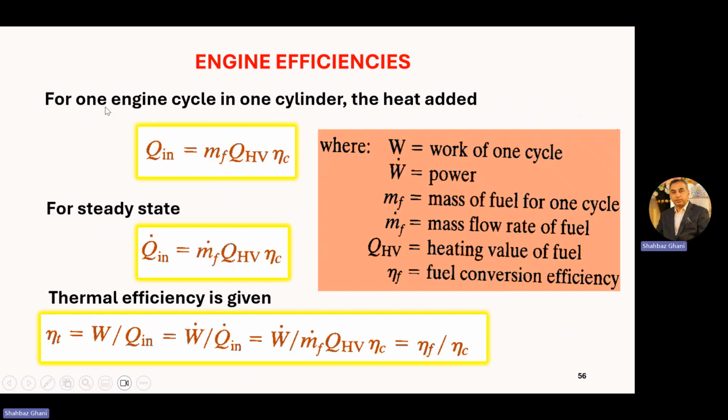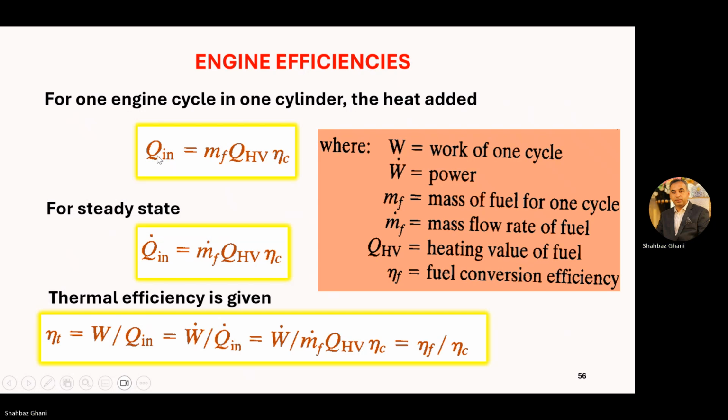Now, engine efficiency for one engine cycle in one cylinder: the heat in, Q in, is equal to the mass of fuel for one cycle times the heating value of that fuel times the combustion efficiency.